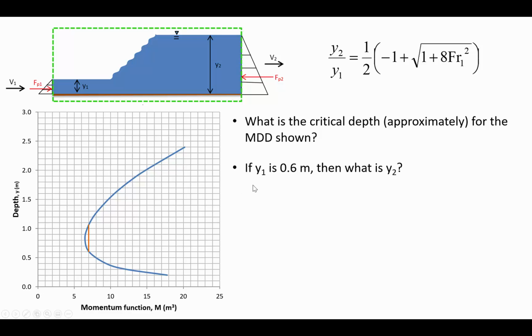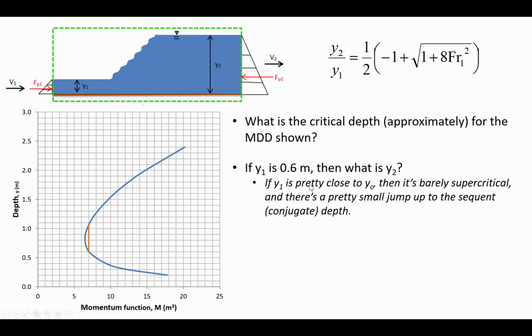So if the initial depth was 0.6, then it would jump up to a depth of about 1.1, a little less. But if you have a shallower depth, 0.3 for this momentum depth diagram, if your initial depth was 0.3, so then we're here, it's going to have a much larger jump. So the length of this line represents the change in elevation that's experienced during the hydraulic jump.